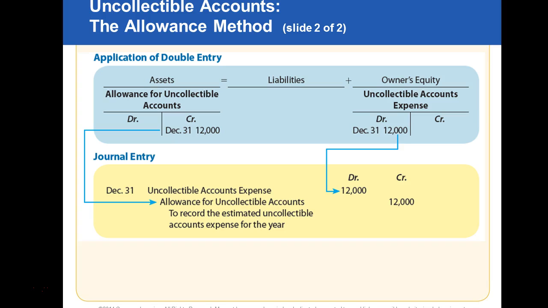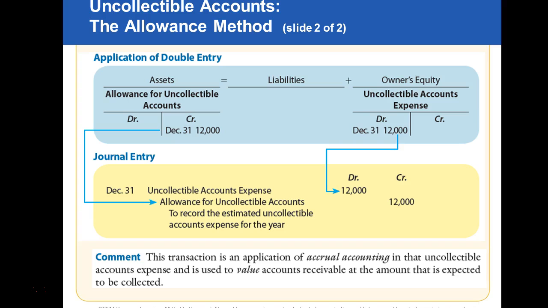So we're going to debit our expense, increase our expense, for $12,000, so we can write off in the current period the expenses associated with those revenues we earned. We're also going to credit this allowance for uncollectible accounts, so we record the estimated uncollectible accounts for the year. Any questions on that so far, guys? Does that make sense?